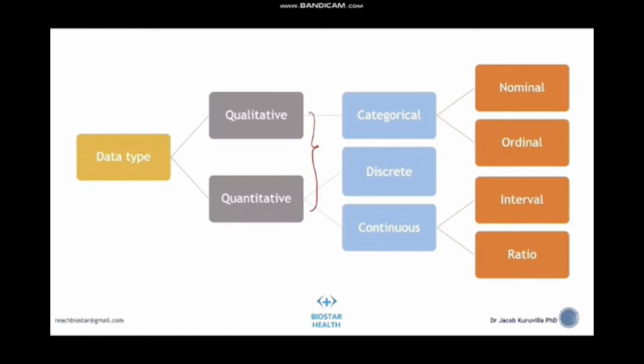Quantitative or numerical data are subdivided into discrete data, where the measured data can take only or assume fixed numbers or counts. For example, number of children, number of visits to doctor, where responses are limited to specific numbers like 0, 1, 2, 3, etc. They can take only a limited number of discrete values, which are usually whole numbers.